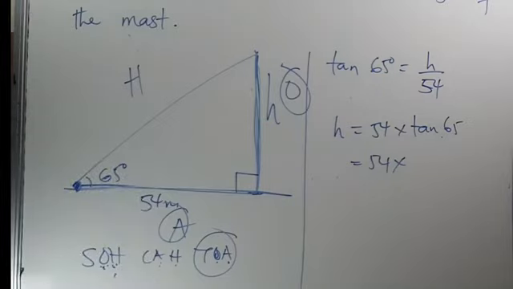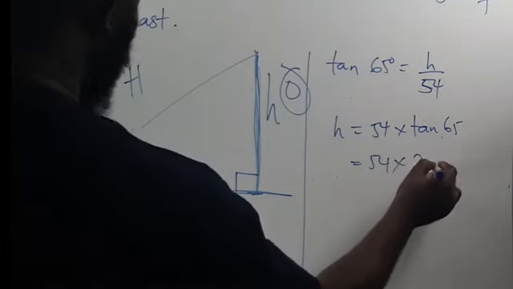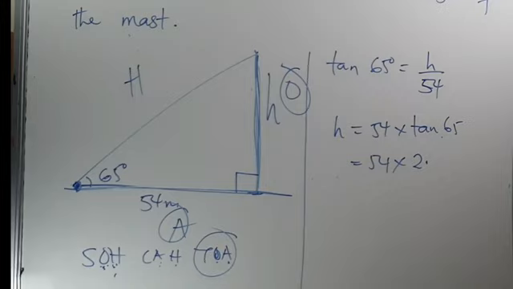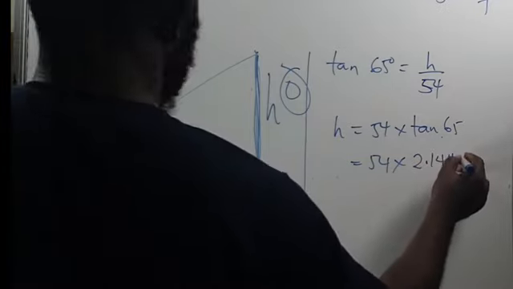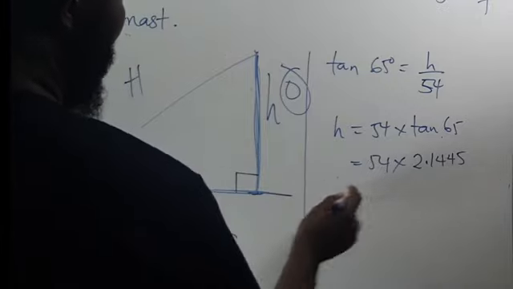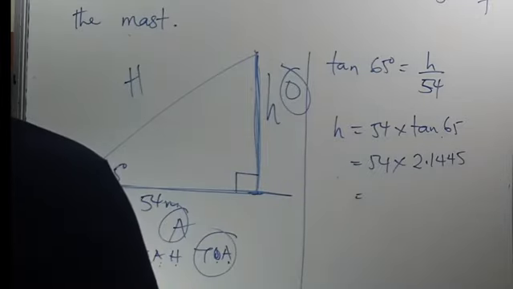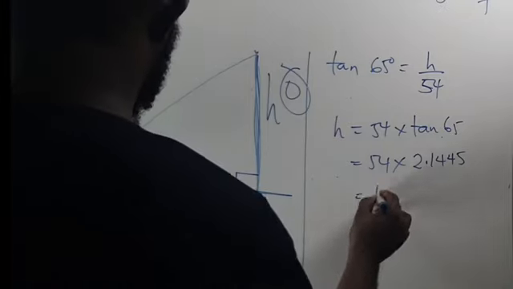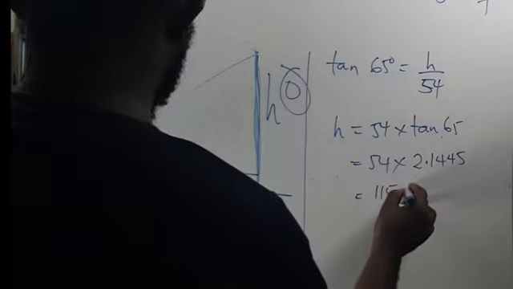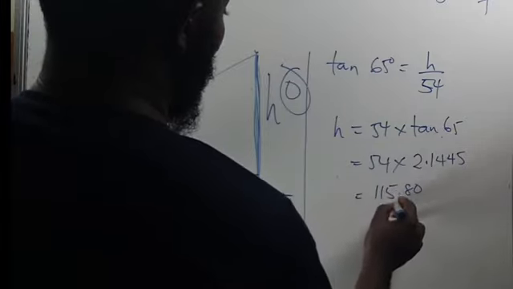Now, tan 65 equals 2.1445. So when we multiply 54 times 2.1445, we have 115.80.